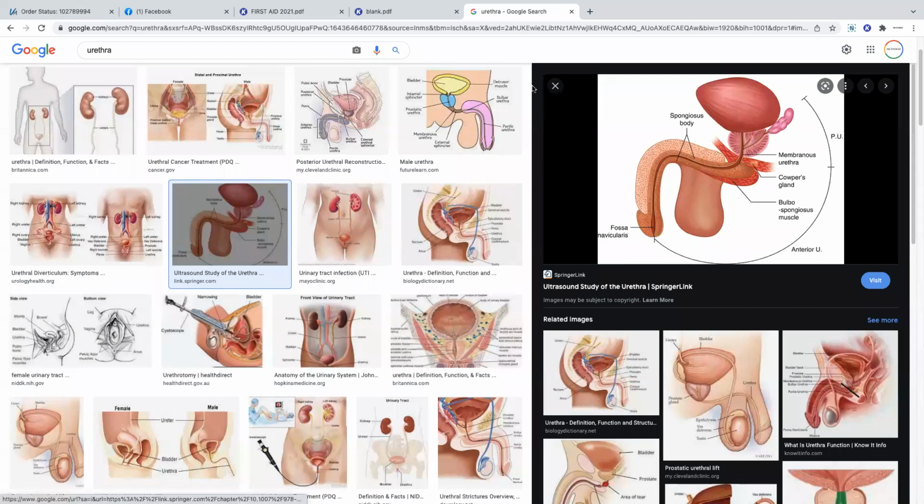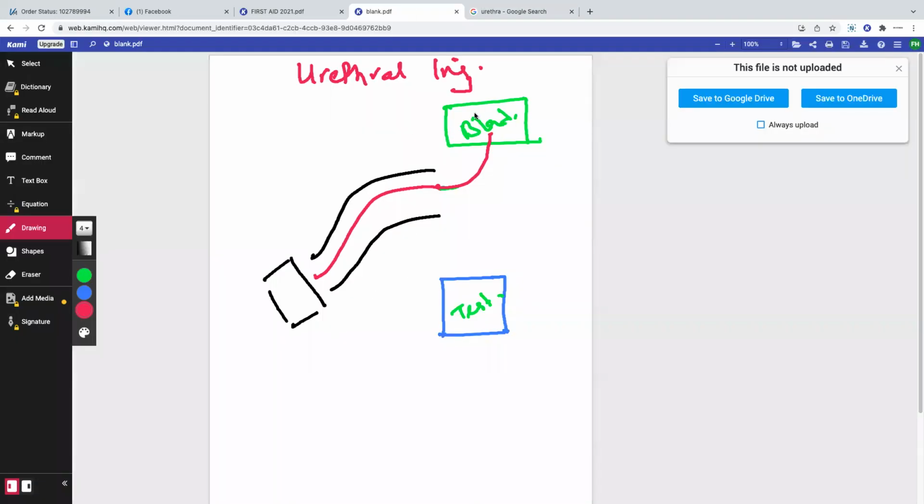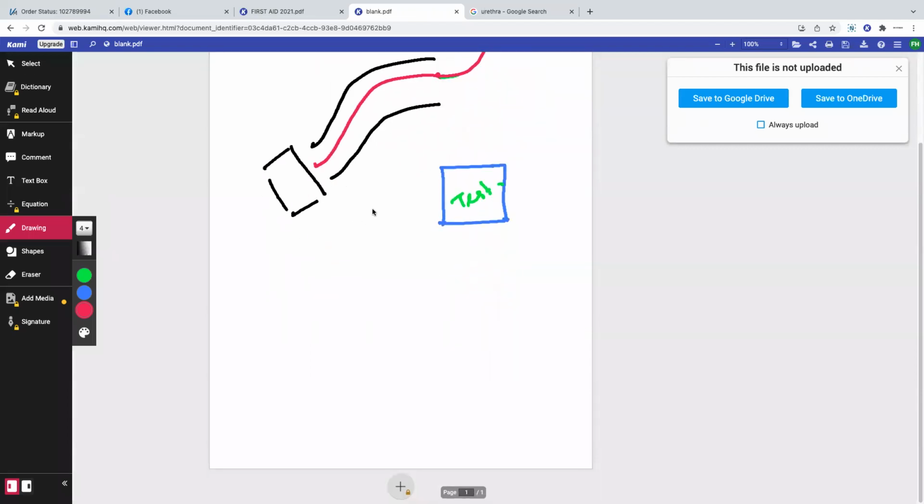So depending on this, we have two types of injury that usually happen. One type of injury is when, for example, you have a patient who falls on a pole, and the pole is directly in between the two legs of the patient.